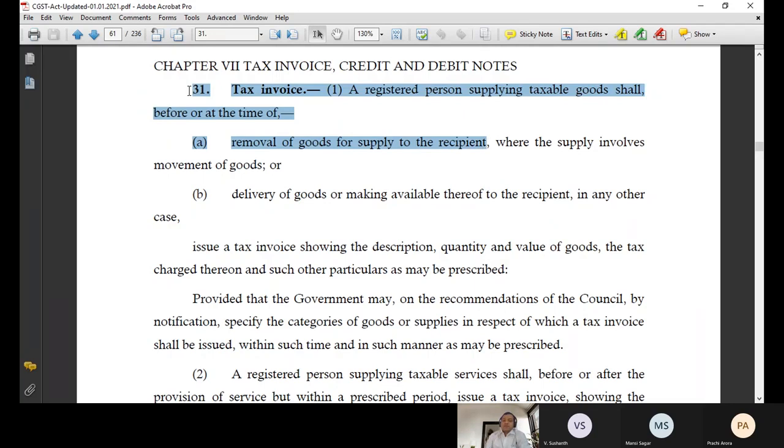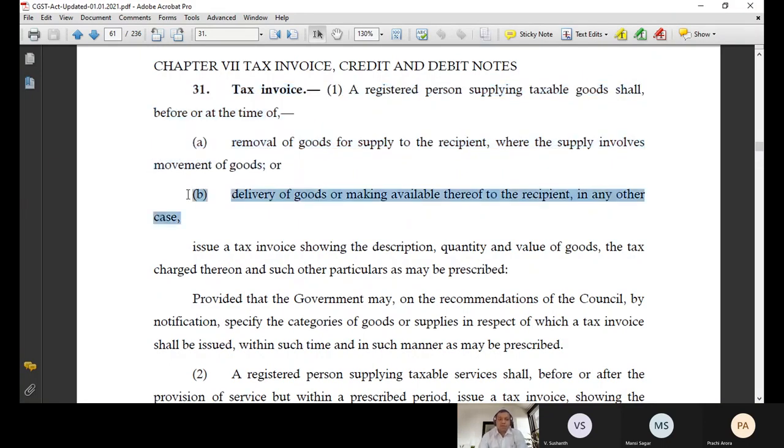So what a registered person has to do before or at the time of removal of goods for supply to the recipient, in case where supply requires movement of goods, or clause B, delivery of goods or making available thereof to the recipient. When goods do not require movement, then of course you will deliver that. In both the cases, or in any of the cases, you have to issue a tax invoice. So it is the compulsion. It technically has given you the deadline.